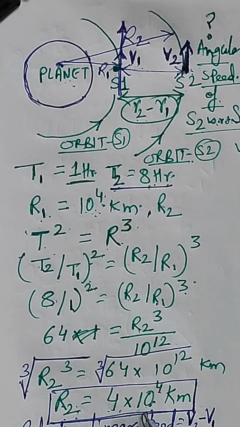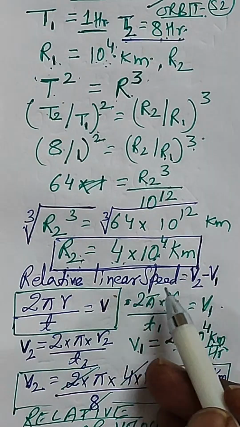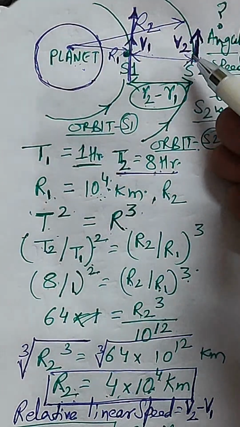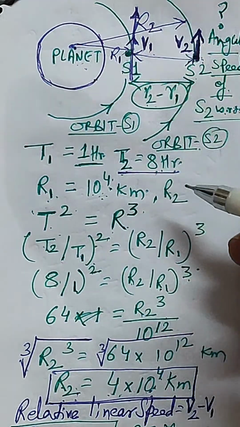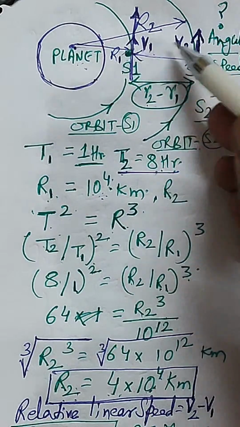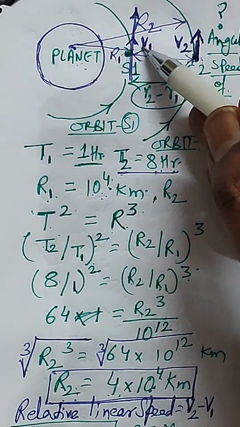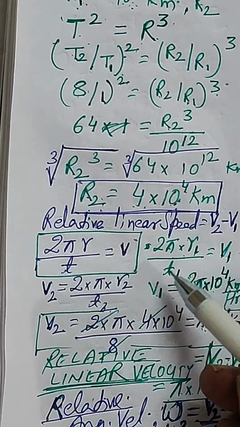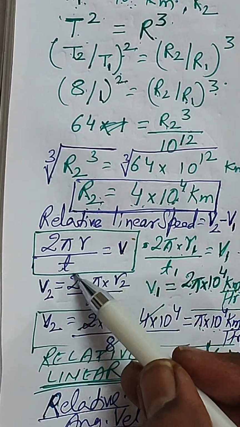This is 4 into 10 to the power 4 kilometer. After that, relative linear speed equals v2 minus v1. Why? If v2 is the linear speed of the second satellite and v1 is the linear speed of the first satellite, then the relative will be v2 minus v1 by r2 minus r1. So v2 minus v1 is calculated. How? Because v is not known to us. Velocity is displacement by time.